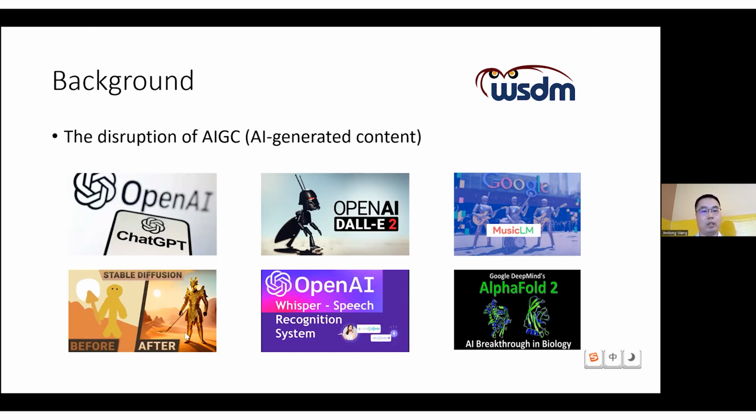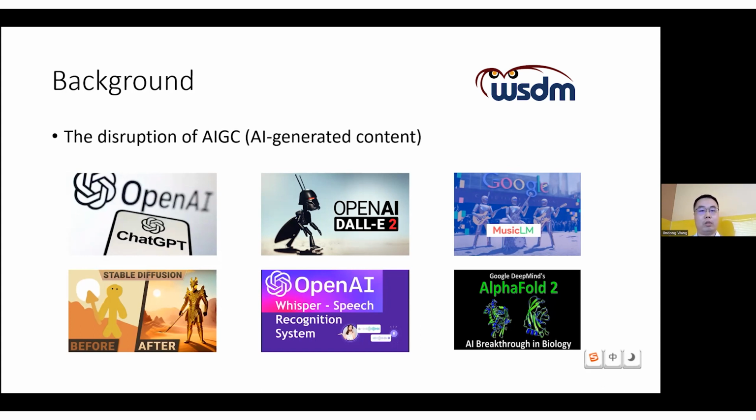Another one in the AIGC directory is Stable Diffusion, which has created some startup companies in the world. And last but not least, in the protein and biology area, there is AlphaFold 2, released by Google DeepMind, a rapid AI breakthrough in the biology field.